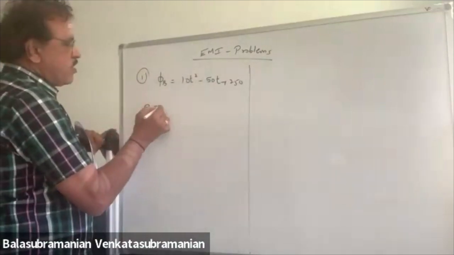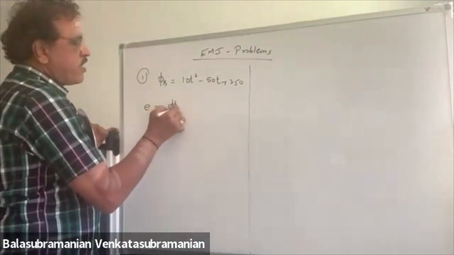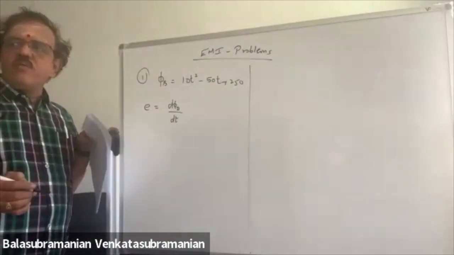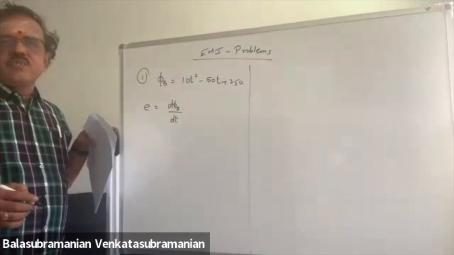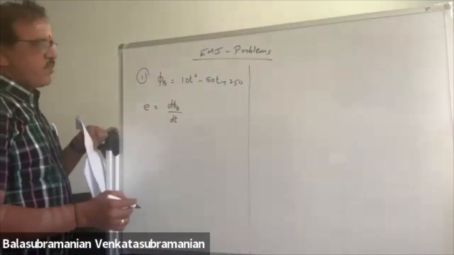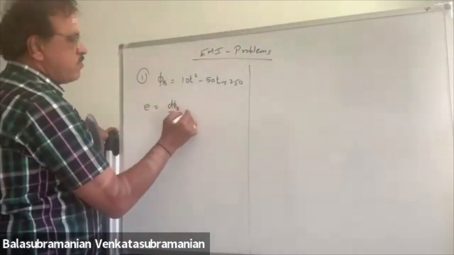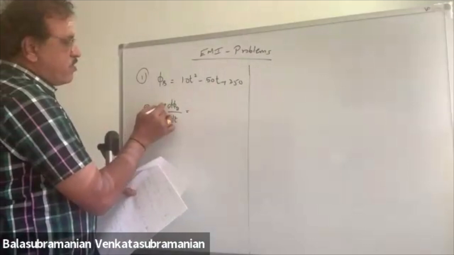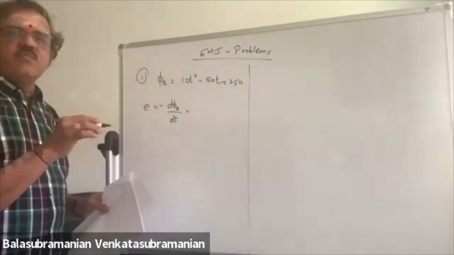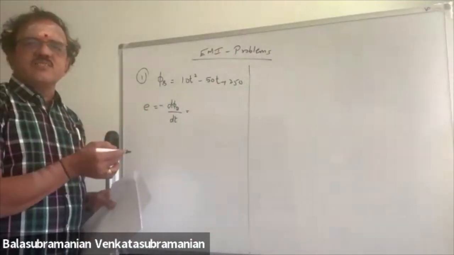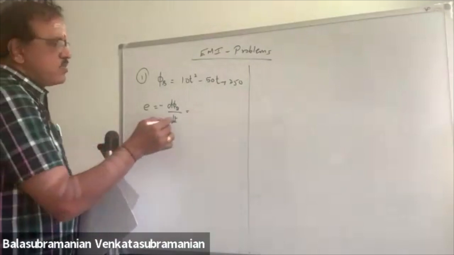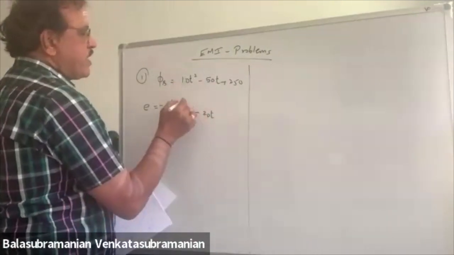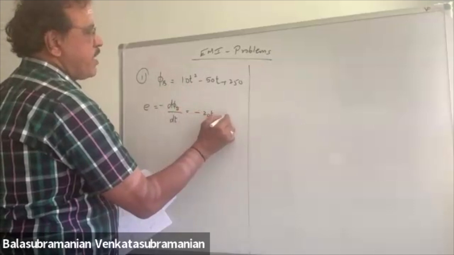EMF E is equal to the rate of change of magnetic flux, E is equal to d phi by dt. So you differentiate this. The question has no minus, of course. Generally, only the EMF is calculated, but by Faraday and Lenz's law it is a minus sign. So minus, differentiate: 20t minus 50.